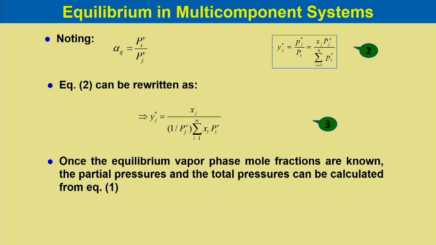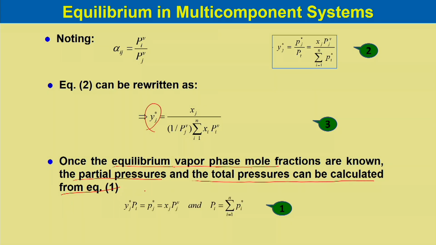Once the equilibrium vapor phase mole fractions are known, the partial pressure and the total pressure can be calculated from equation 1. So, if we can calculate the equilibrium vapor phase mole fractions, then the partial pressure as well as the total pressure can be calculated from this equation.